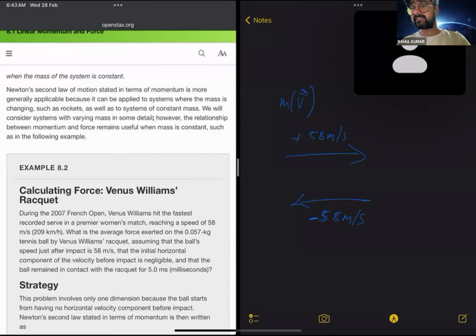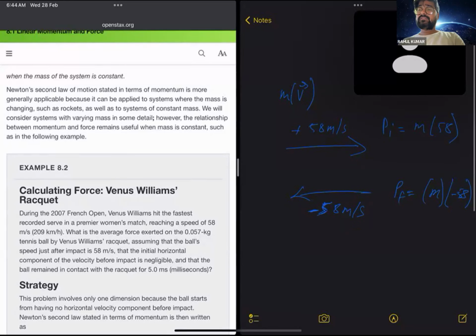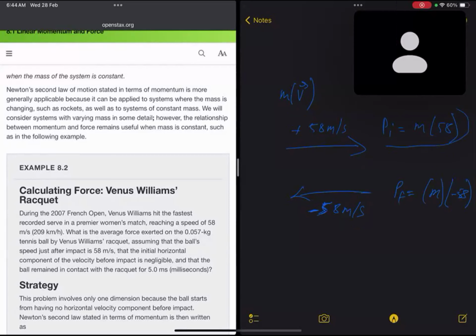So wait, the initial momentum is zero, right? Try to do this on your own. First tell me what is the initial momentum? 0.057 times positive 58.